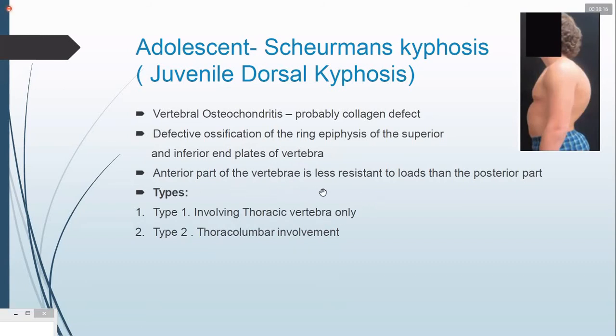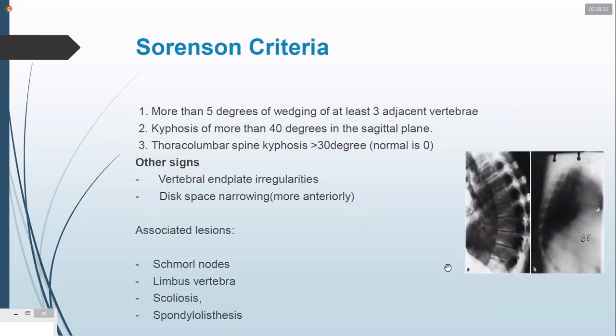So the anterior part of the vertebra is less resistant to loads than the posterior part, and anterior wedging of the vertebra occurs. It has two types. Type 1, only thoracic involvement. Type 2, thoracolumbar involvement.